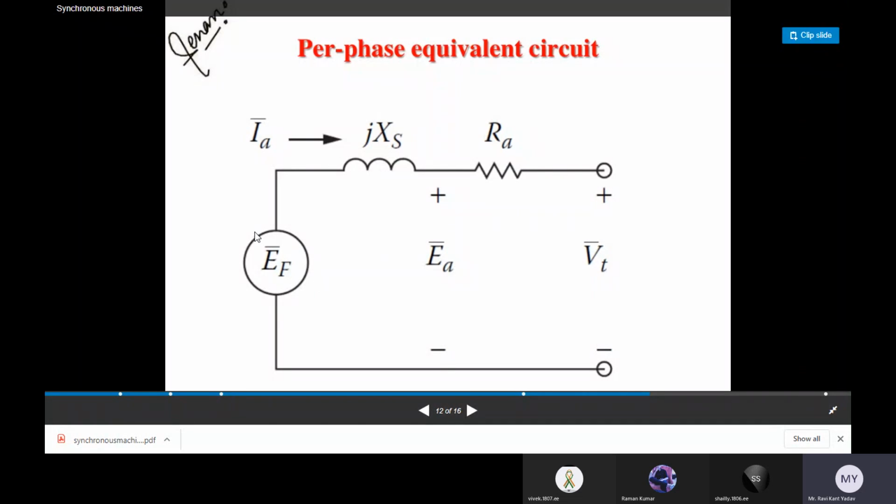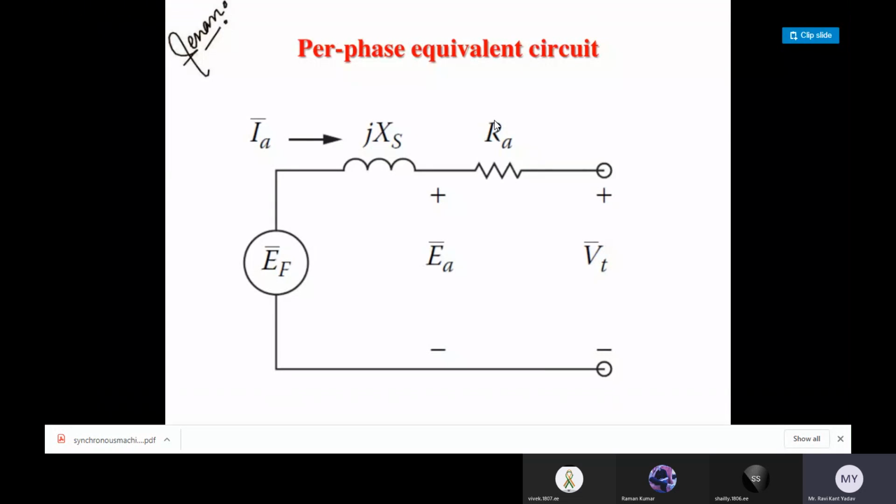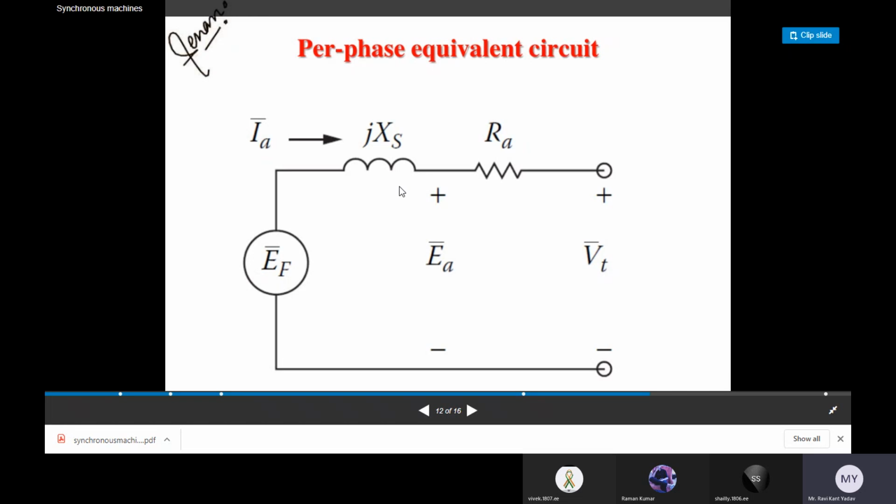This is the generated EMF, and this is the reactance, and this is the resistance of the armature winding. Because the armature winding conductor has its particular resistance and reactance. If current is flowing through the conductor, then inductance is produced, which forms the reactance value Xs. This is the armature generated EMF, and this is the terminal voltage.